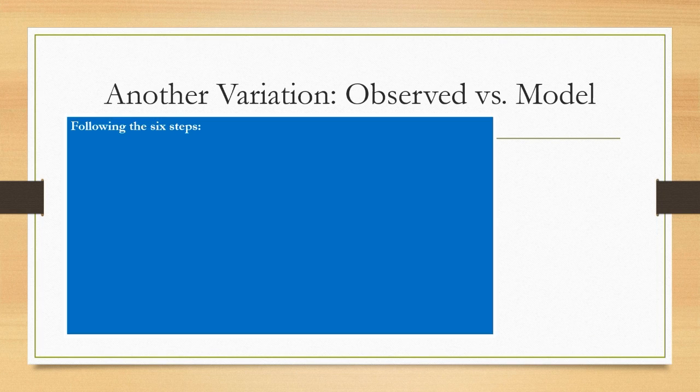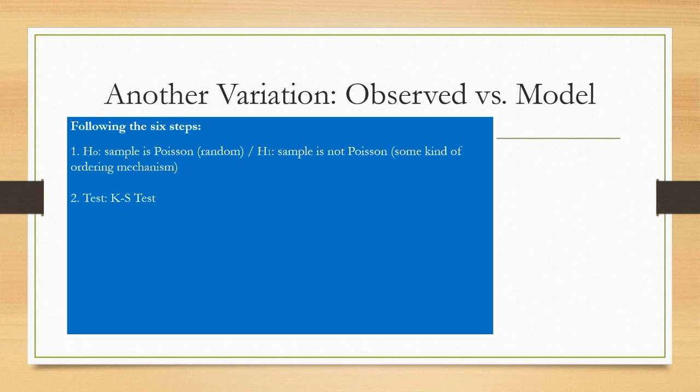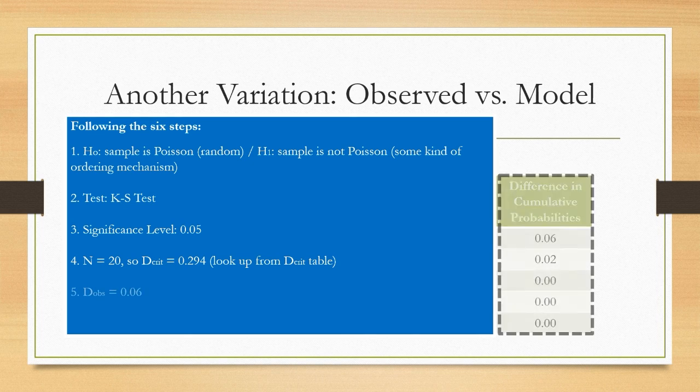But with that general process in place, following the 6 steps, null hypothesis, alternative hypothesis, as we've stated, we're using the KS test. We're setting a significance level of 0.05. We know our number of observations, and so our D critical is equal to 0.294, looking that up from our KS test D critical table.